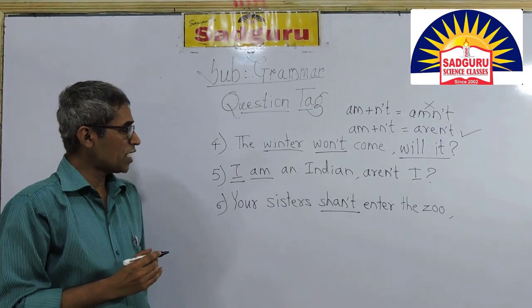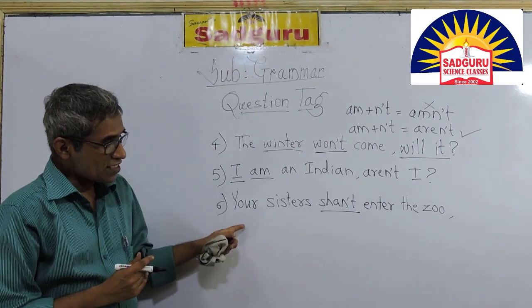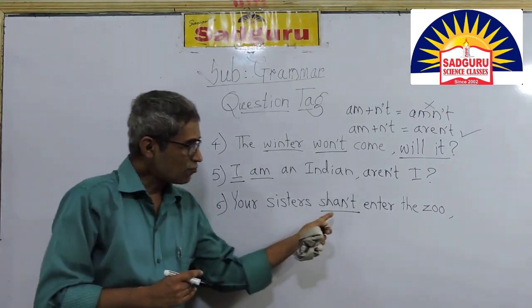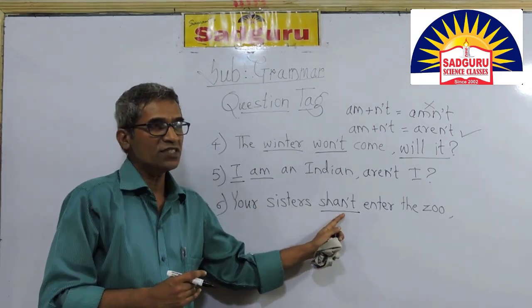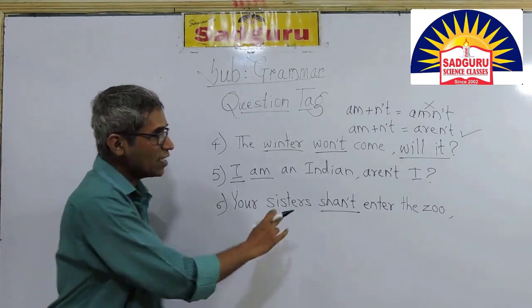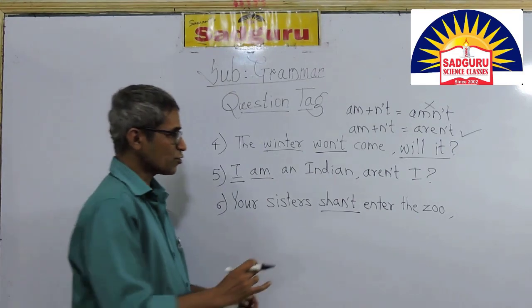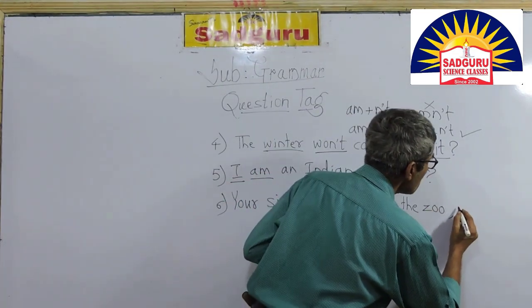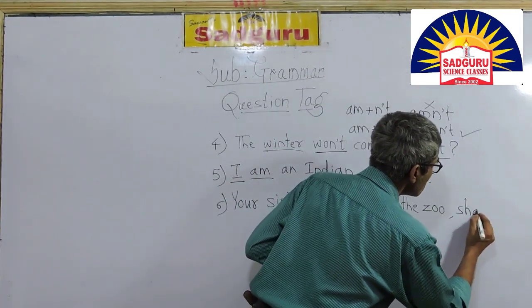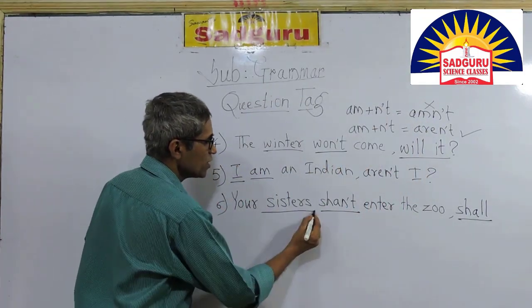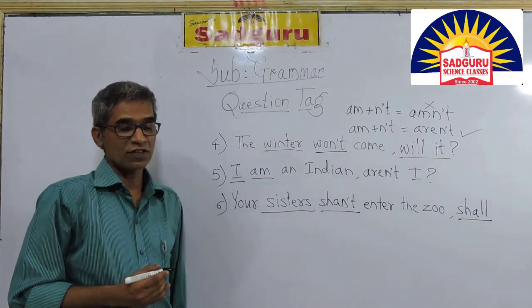Now let's move to the next sentence. The sentence is negative, so the question tag will be positive. Can you find out the auxiliary from this? Yes, it's very easy. Shan't is the short form of shall not. So the question tag, the auxiliary is shall, and the subject is a plural noun.